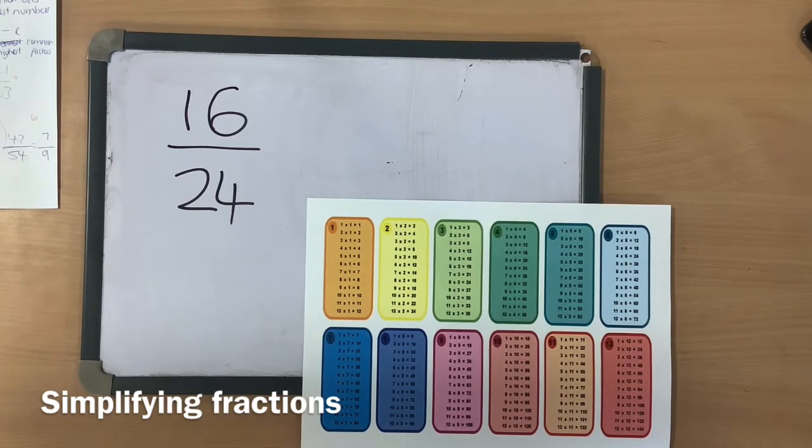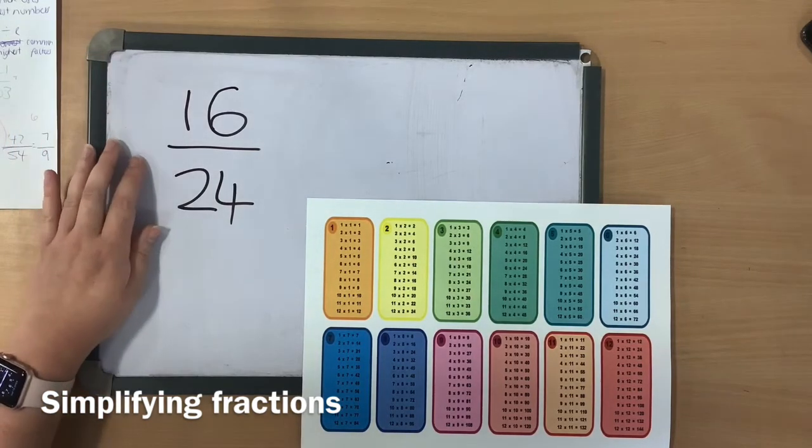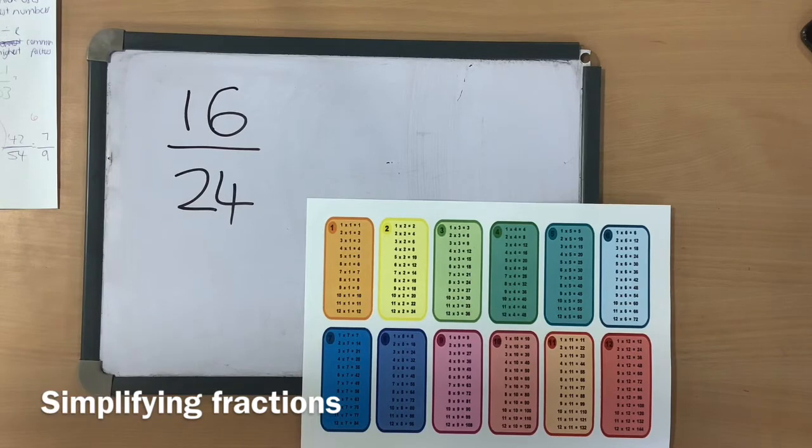To find an equivalent fraction which uses the smallest numbers possible, we do this by dividing and trying to find the highest common factors for both the numerator and the denominator. Remembering that a factor is a number that divides into another number exactly.